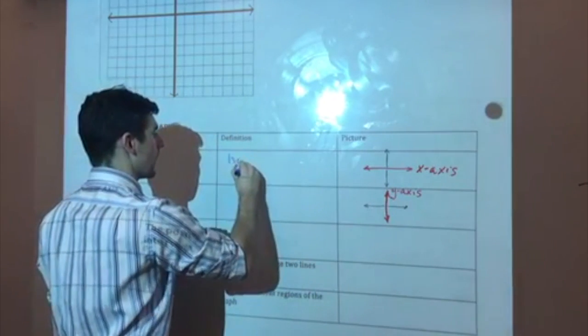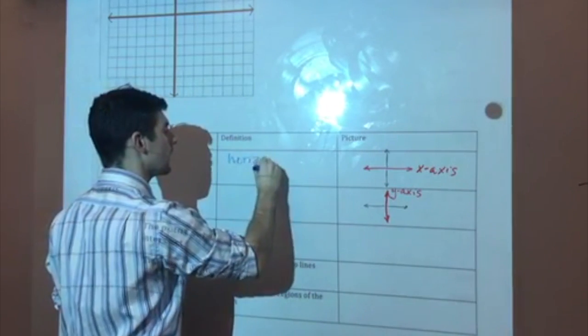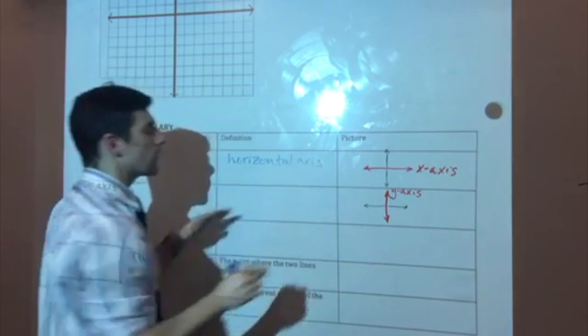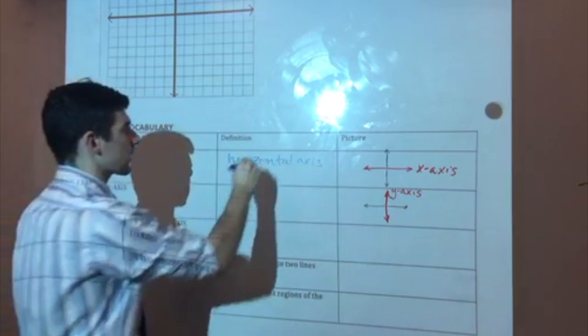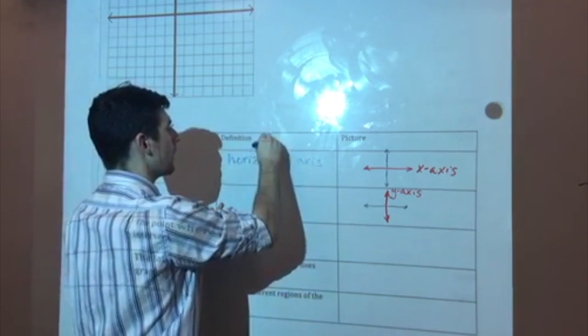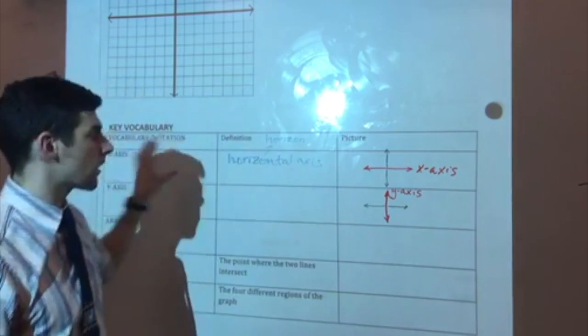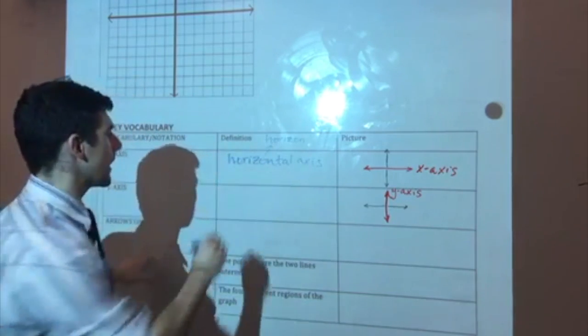So now let's look at each of these definitions. The x-axis is, I hope you can see this marker okay, the horizontal axis. If you have trouble remembering x versus y axis, think about the horizon. When the sun goes up and the sun goes down across the horizon, that's the horizontal axis.